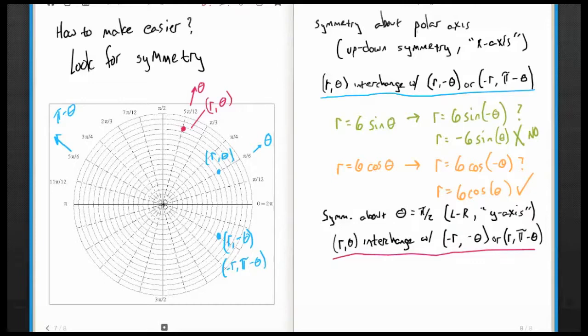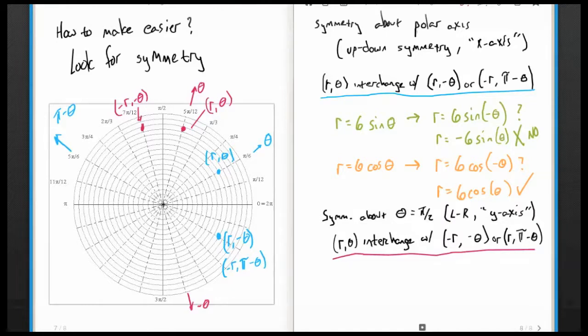So negative theta is way down here, but then we go in the negative r direction. So I look in the negative theta direction, but I go the negative r distance. So that goes out to here. So that point is negative r, negative theta.